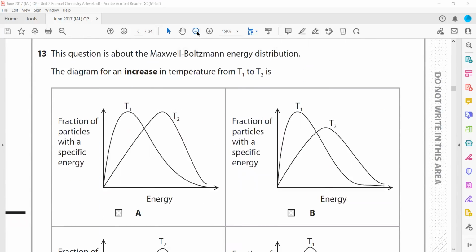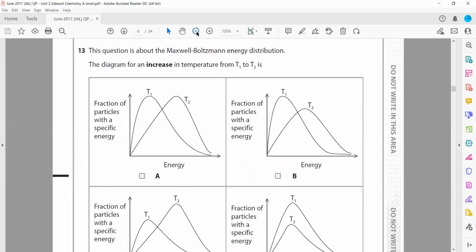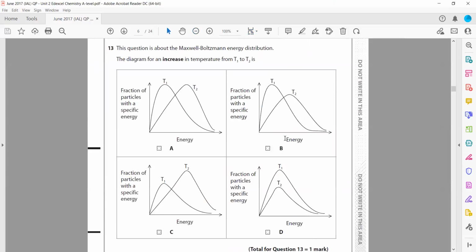Question 13. This question is about the Maxwell-Boltzmann distribution graph. The diagram is for an increase in temperature from T1 to T2. First, option A is wrong.